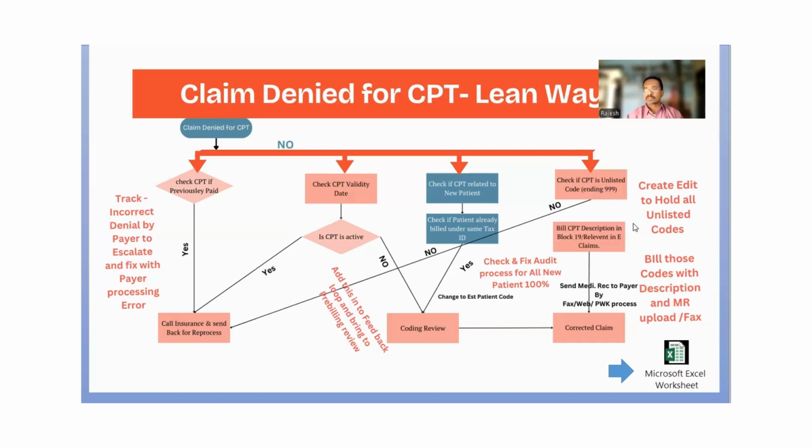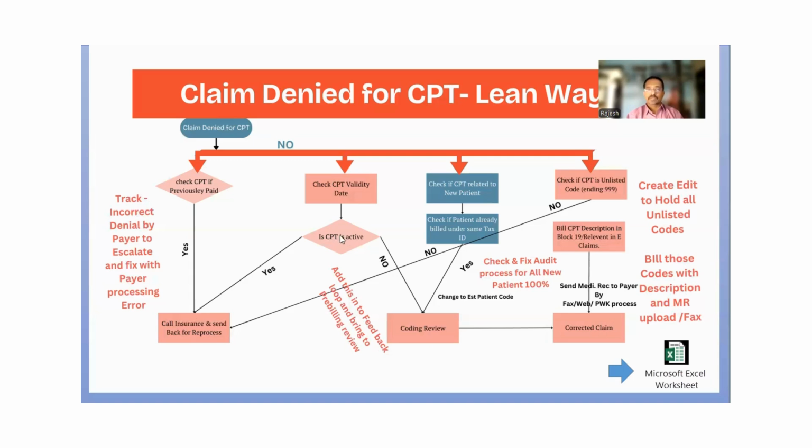And if it is an unlisted code, as we discussed, you have to hold it, add the description, and send the medical record also to the insurance company. This is the lean way. What lean means is avoiding waste, right? If you understand what the problem is here, I can avoid the waste. I don't want to do non-value-added work here, I will stop it here.